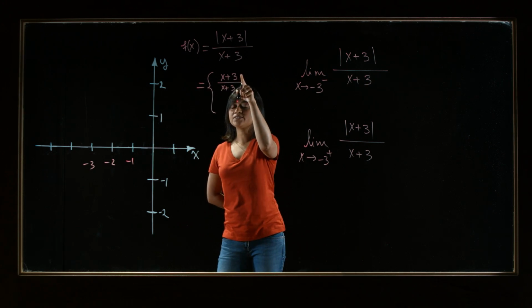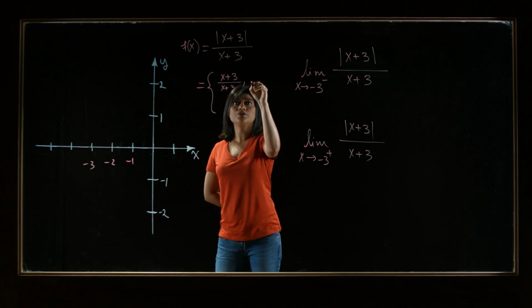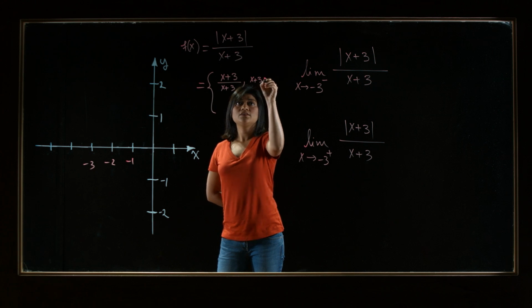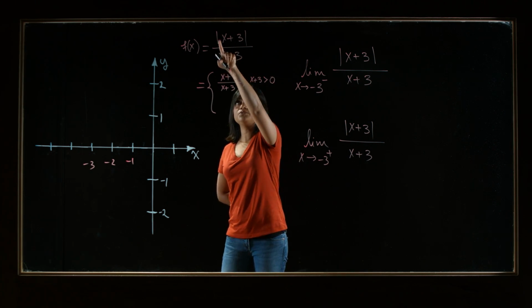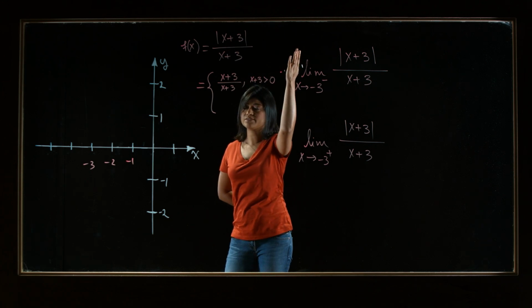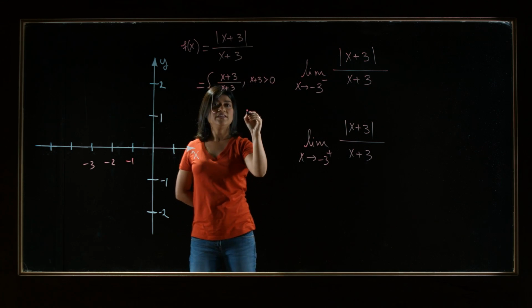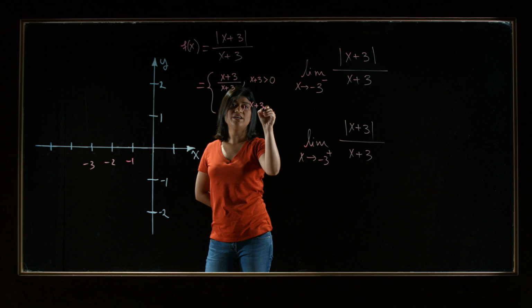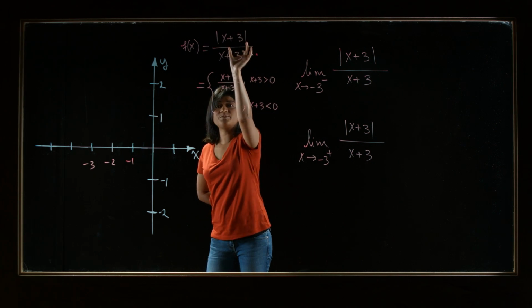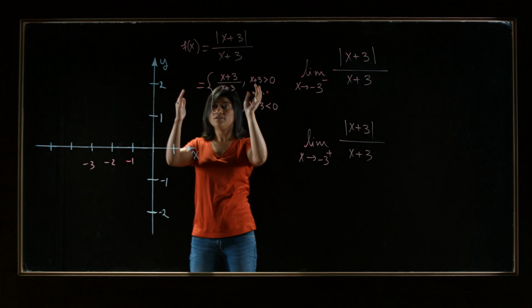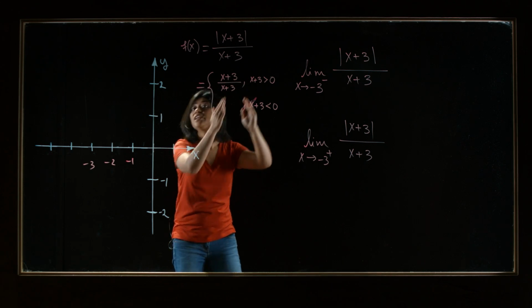This will be the case when the numerator is greater than 0, because then it's already a positive value, and the absolute value of a positive is a positive. But if we have a negative value inside the absolute value, then the absolute value of a negative is still a positive.